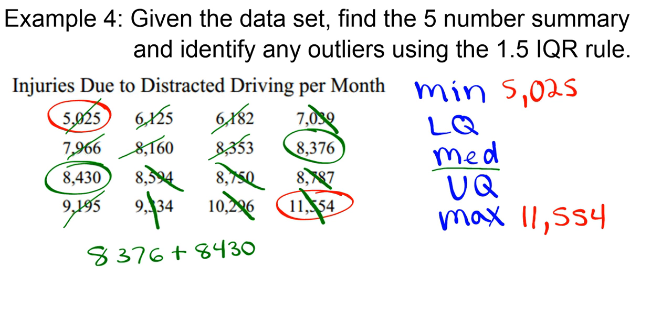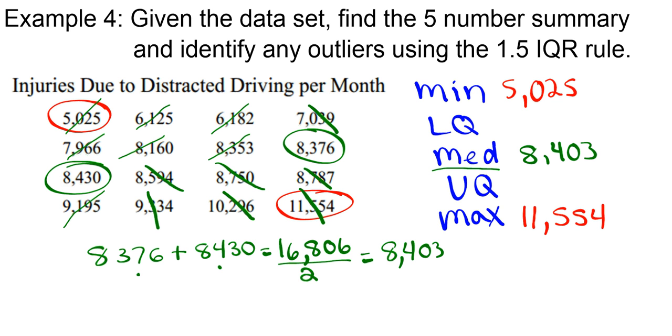So when I add those together, I get 16,806. I divide that by 2, since that's how many numbers there were, and my median is 8,403. So that's what I'm going to put on my median, 8,403.